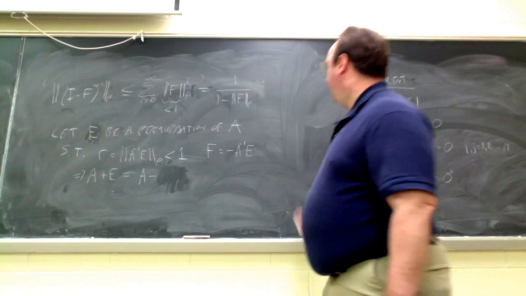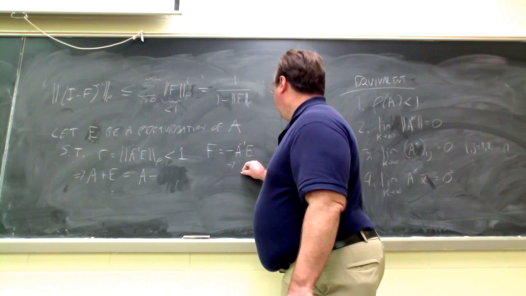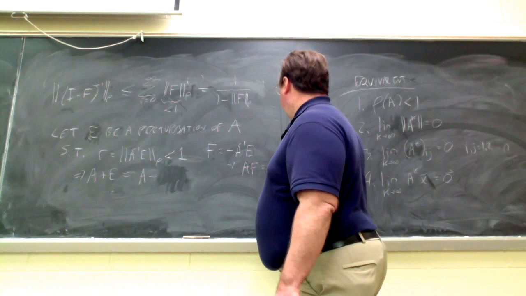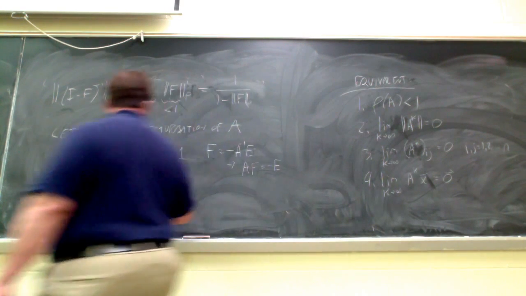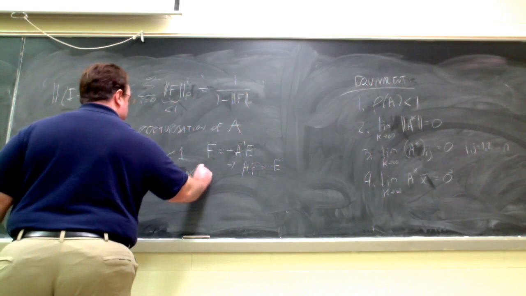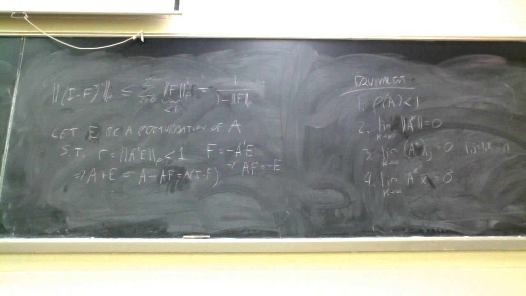Okay, so if F is minus A inverse E, that means that AF is equal to minus E. So this is the same as A minus AF, which is the same as A times I minus F. So it gives me a way of expressing a perturbed matrix in terms of F.